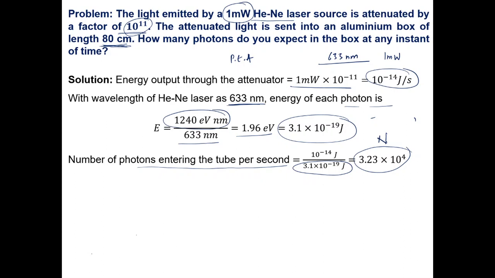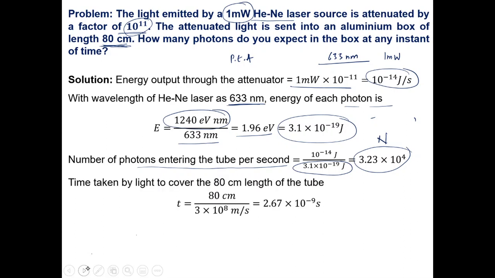So let's say this is n. Now the time taken by the light to cover, as I mentioned earlier, is nothing but the length divided by the speed, in this case the speed of light. So this is the length and this is the speed of light. So you see that a photon, when it enters this box, will take t amount of time, which is 2.67 times 10 to the power minus 9 seconds.